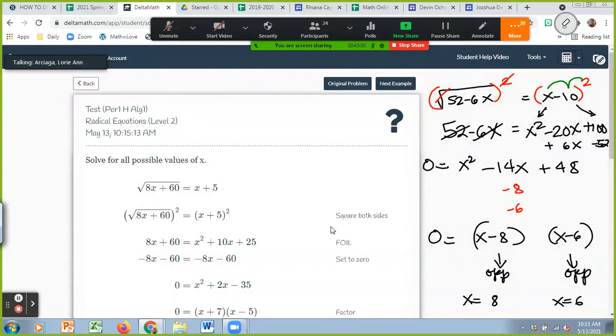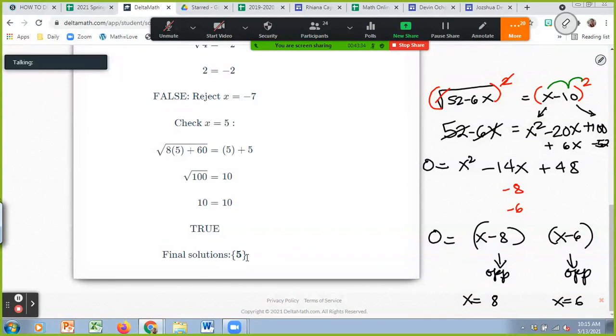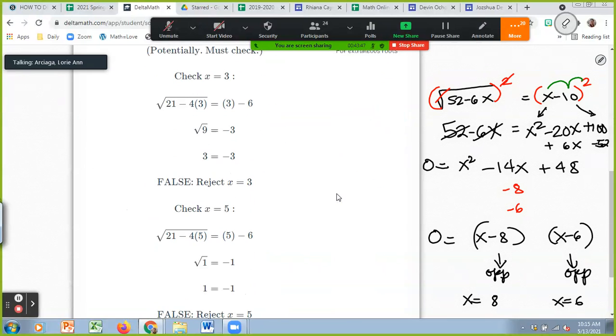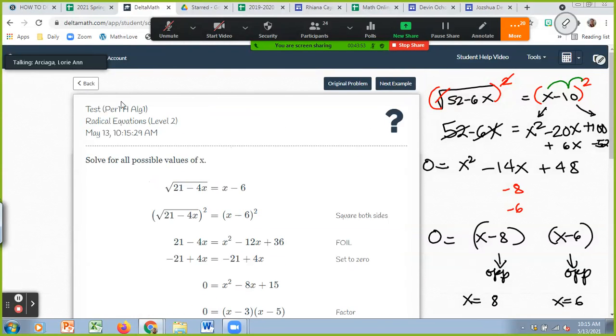I don't know how it accepts no solution. This one has a solution. This is throwing me off also. I need to know how to put in no solution. Oh, there! Final solution. Oh, the brackets.